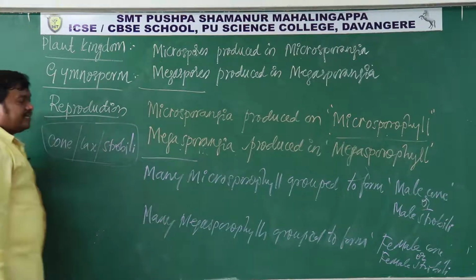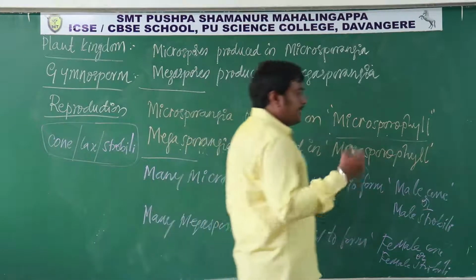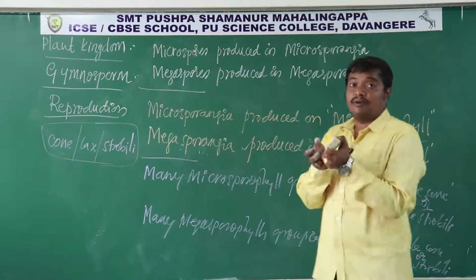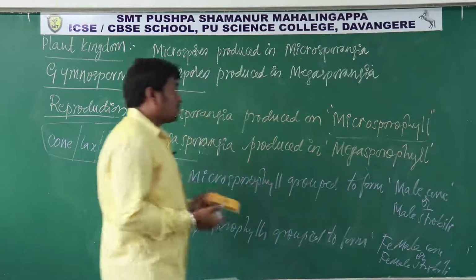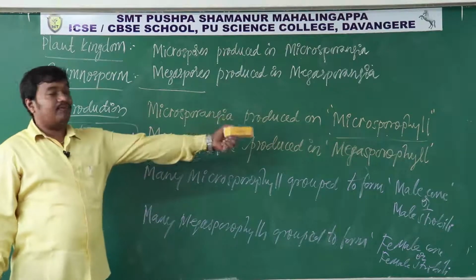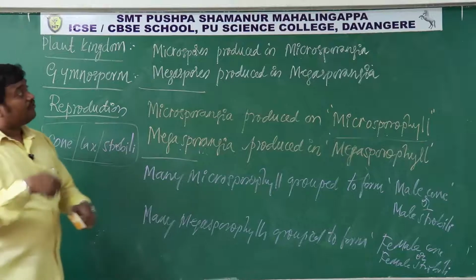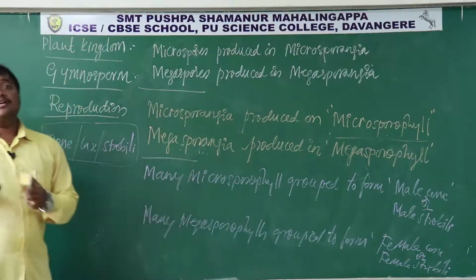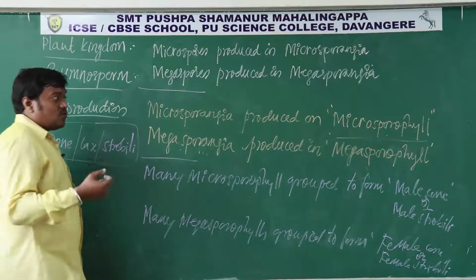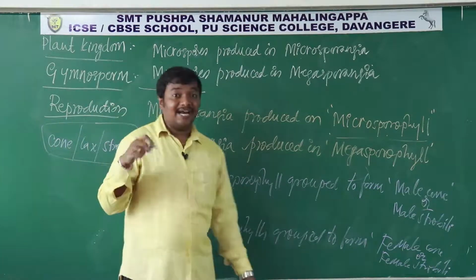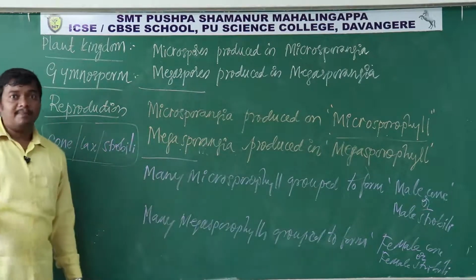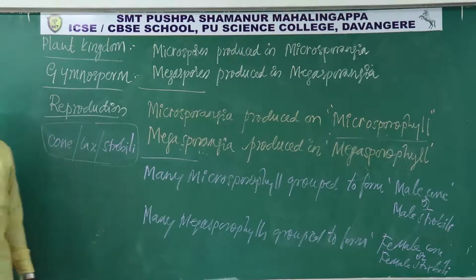Yesterday in pteridophytes we discussed many sporophylls, spore-bearing leaves. They are grouped together to form a structure called a cone. If it is a male cone, it is made up of microsporophylls. That microsporophyll produces microsporangia, and that microsporangia produces microspores. Similarly, a female cone is made up of megasporophylls. That megasporophyll produces megasporangia, and that megasporangia produces megaspores.